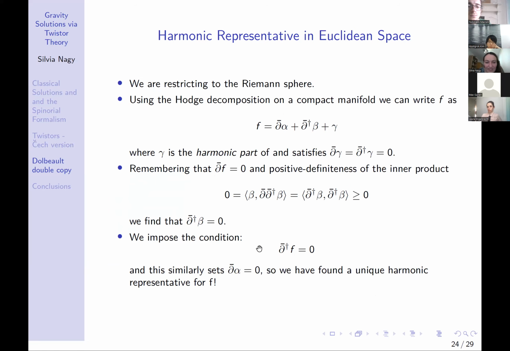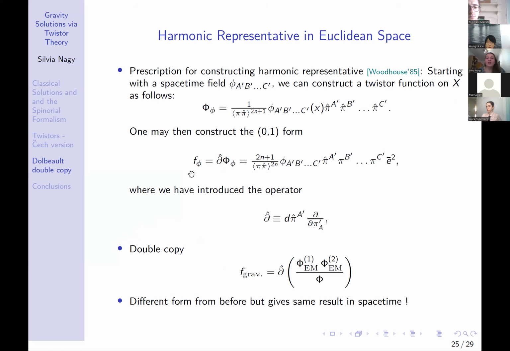If I impose this condition, then by an argument that's very similar to the one here, it turns out that this part now has to vanish. So I'm really left with F just being the harmonic part. So I found a unique way of choosing a representative, so I don't have to worry about the freedom that I have in this description here. Okay, so this was how to choose.